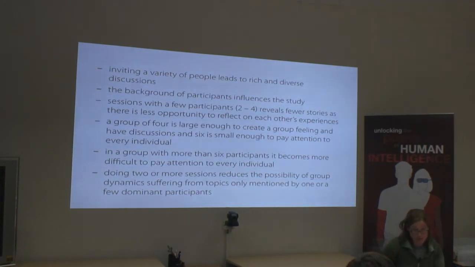So a group of 4 is large enough to create a group feeling and have discussions. But I like 5 or 6 more than 4, because with 4 people, they kind of team up. And sometimes they split, and then the discussions go into 2 directions. If you have 5 or 6, then the discussion becomes more of a joint discussion than in a smaller group.